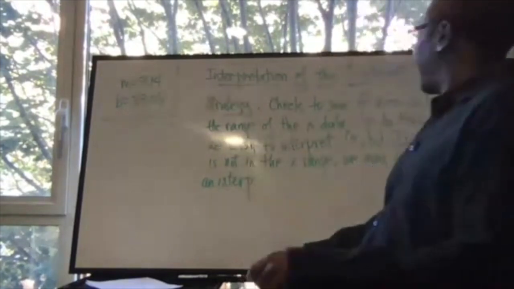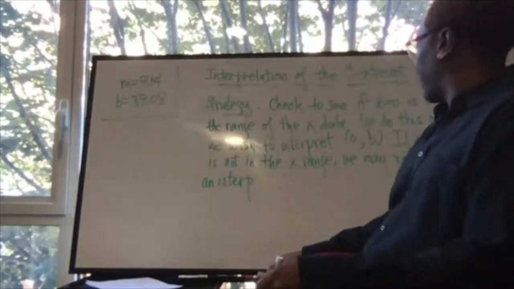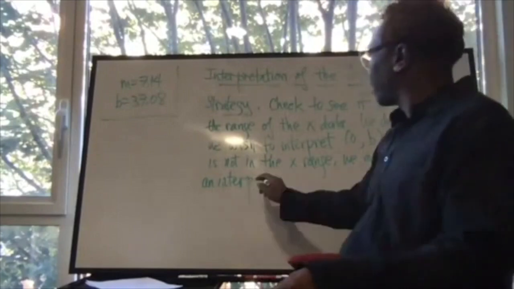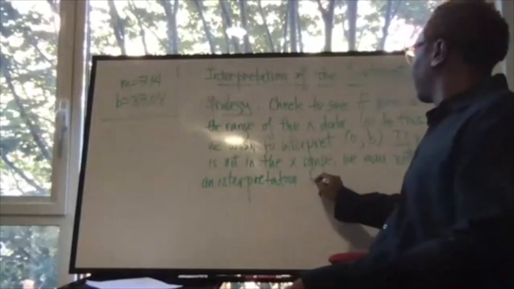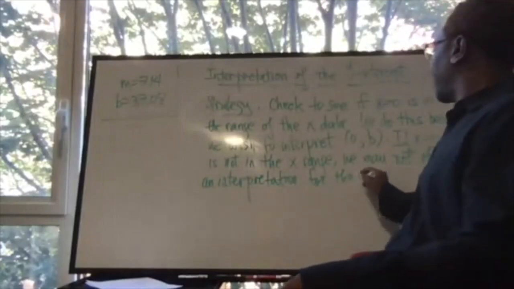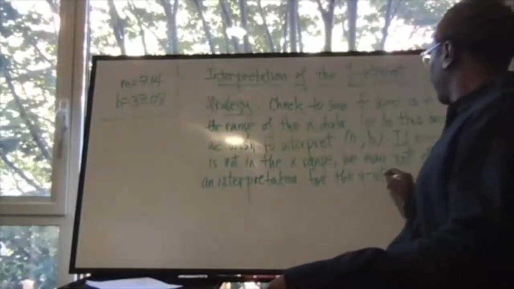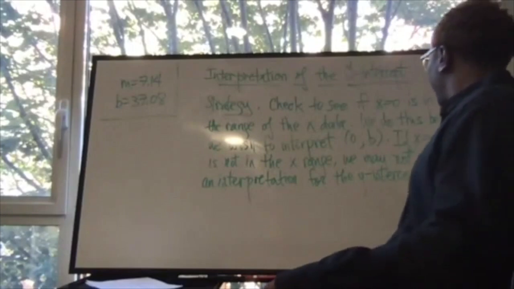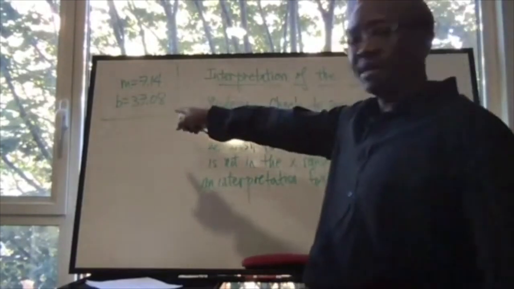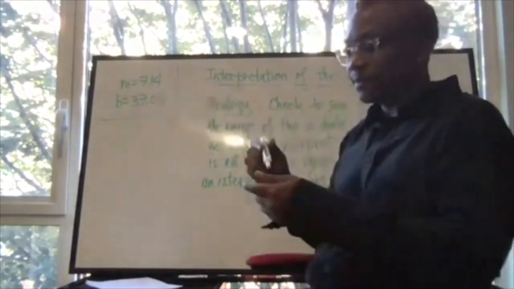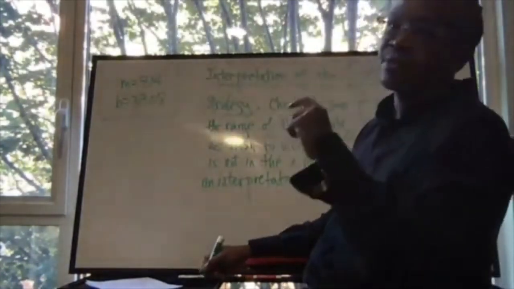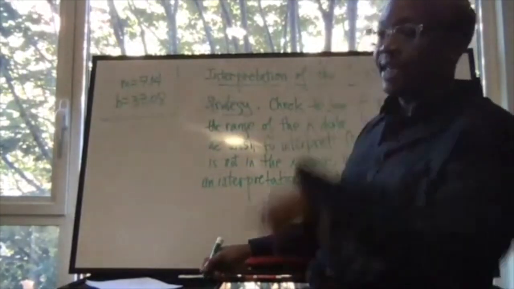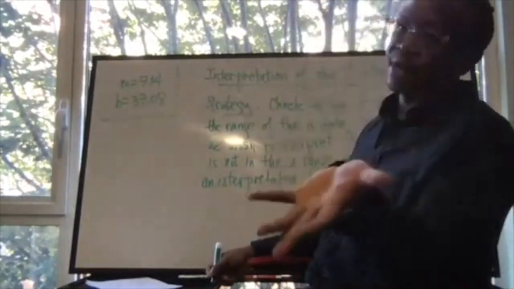Okay, so if x equals 0 is not in the x range, we may not offer an interpretation for the y-intercept. So I don't care what that b is, 37.08. If the x equals 0 does not check out in the range, we cannot offer an interpretation.